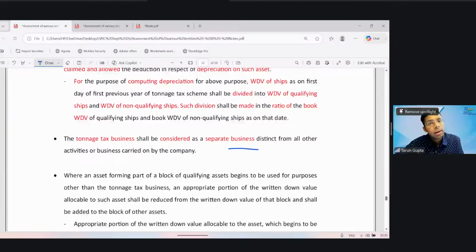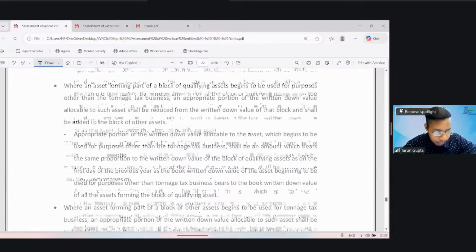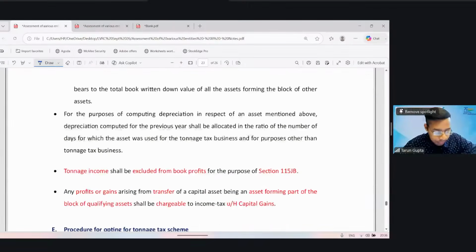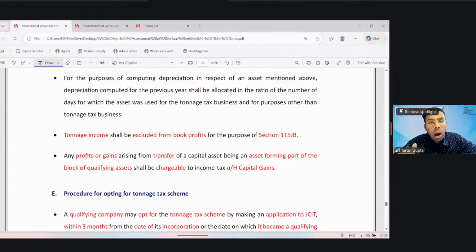See, this scheme is only for tonnage income. All other income of the company shall be computed and taxable as per the normal provisions of the Act. No MAT is applicable on the tonnage income.